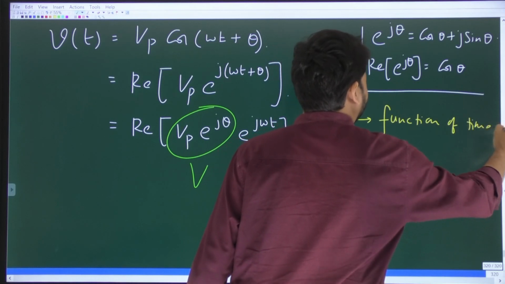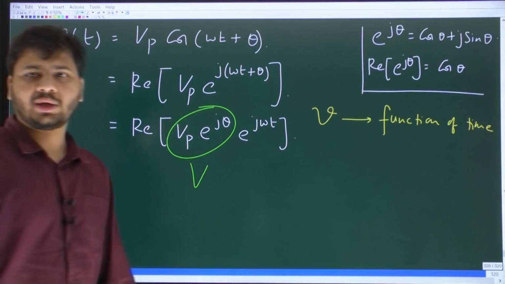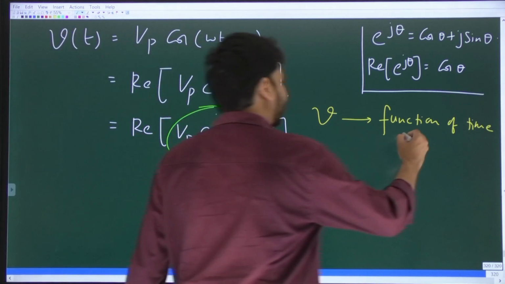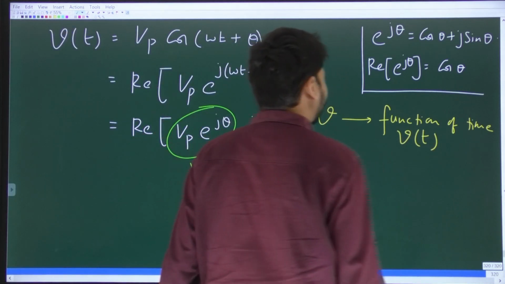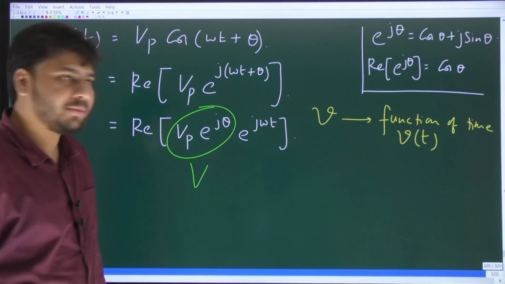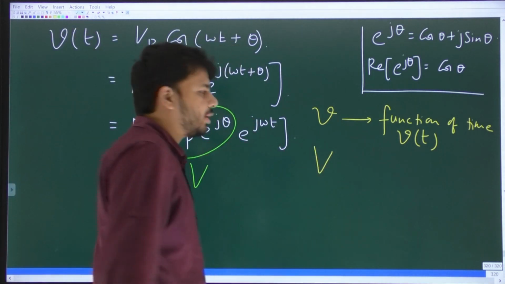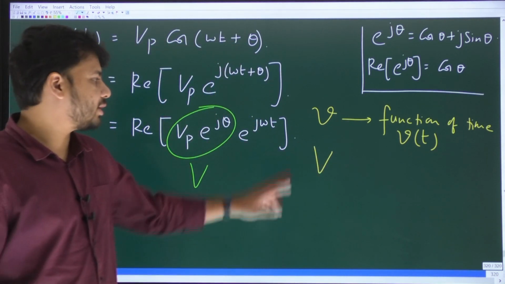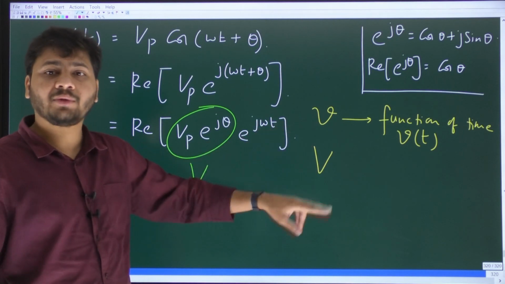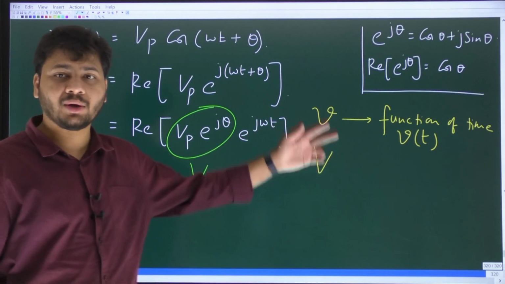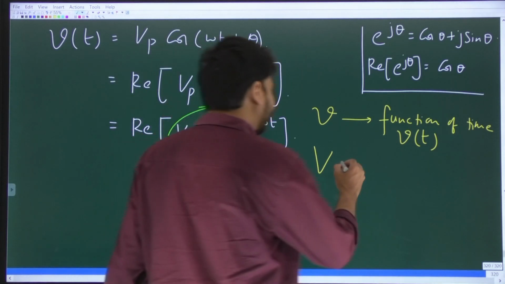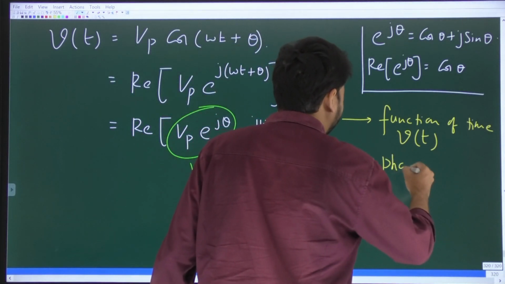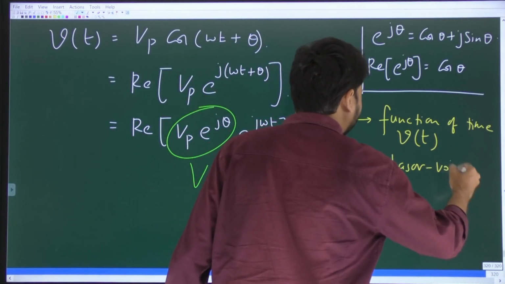In other words, this is the same as v of t. But if I write capital V, it is the same voltage in the phasor domain. So capital V is not the actual voltage, but the phasor voltage.